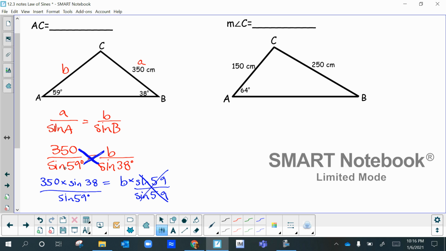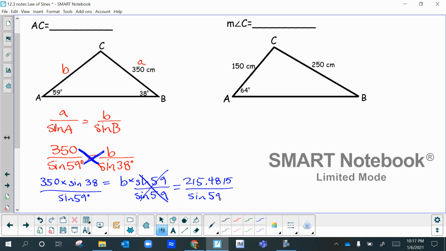I'm going to use my calculator now. So I'm going to do 350 times 38 sine and hit equals. Okay, so this top number here is about 215.4815. Now don't forget you're dividing that by sine of 59.